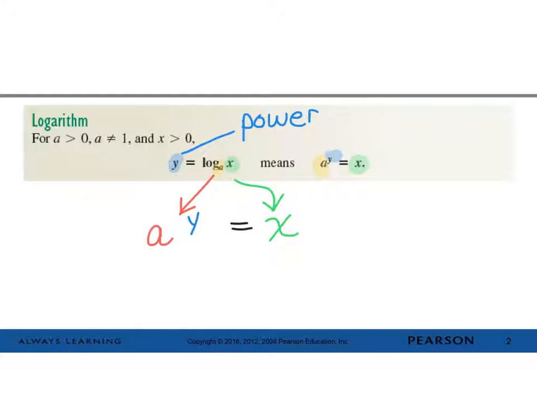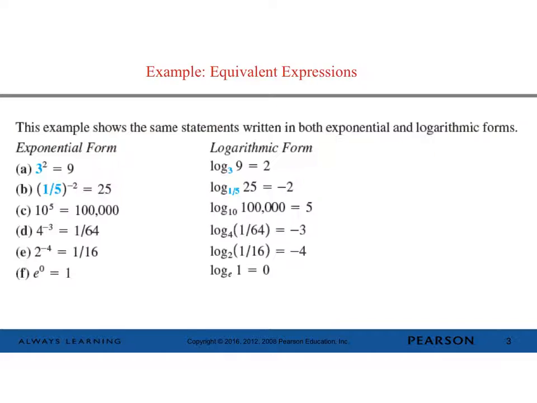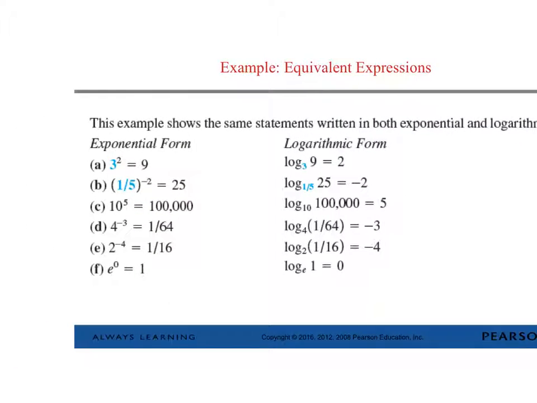So some numerical examples of this. We have 3 squared is equal to 9. Notice that the base is 3, and that when we square 3, the result is 9.